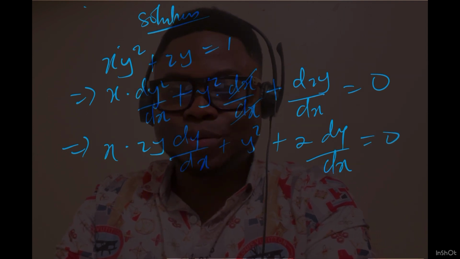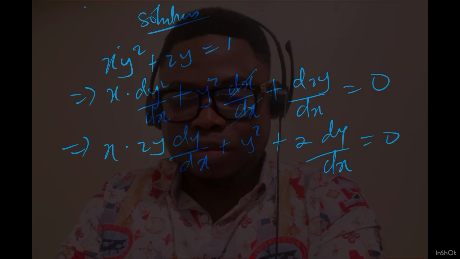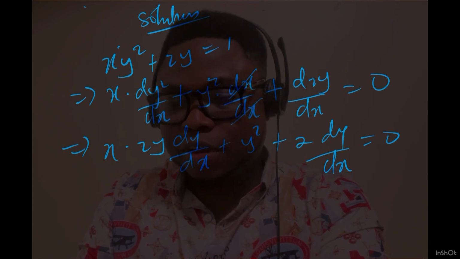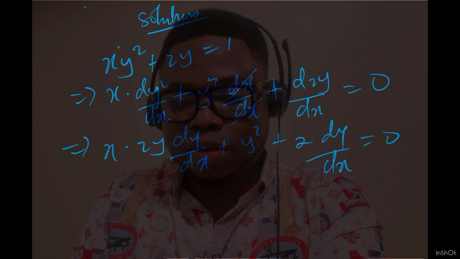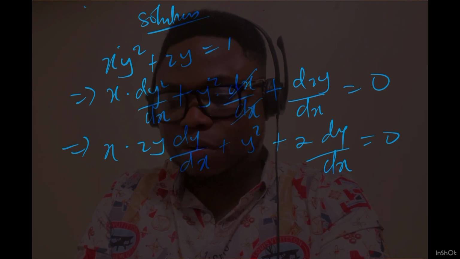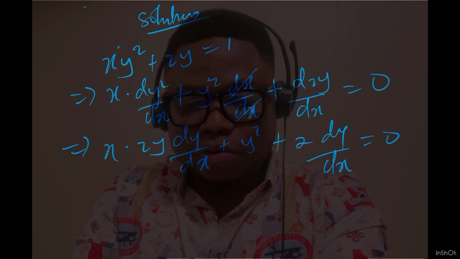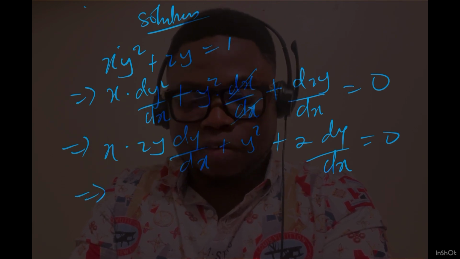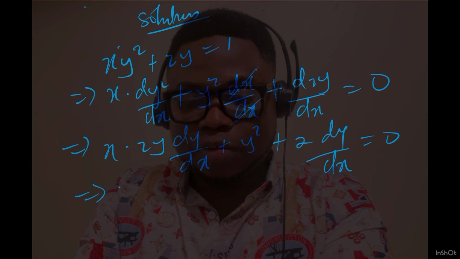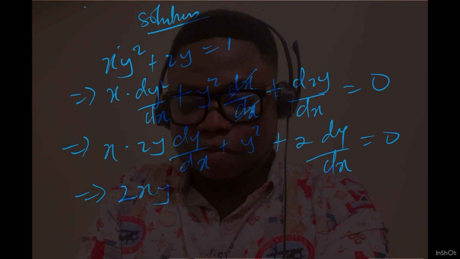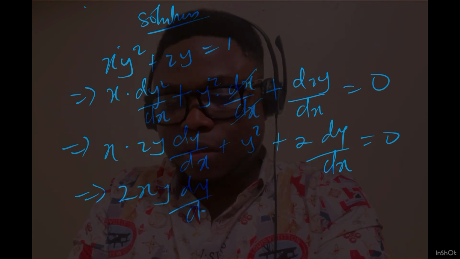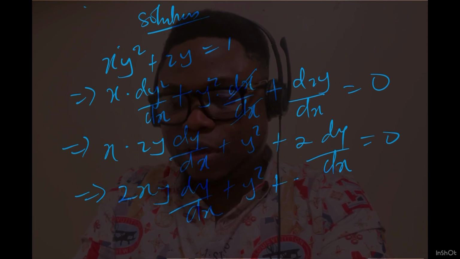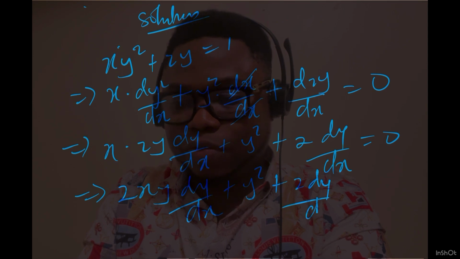So the next thing to do is to collect like terms, okay? And remember that there is 2xy dy over dx and 2 dy over dx. They are like terms. Before that, I'm going to multiply 2y by x, and that's going to give me 2xy dy over dx plus y squared plus 2 dy over dx is equal to 0.